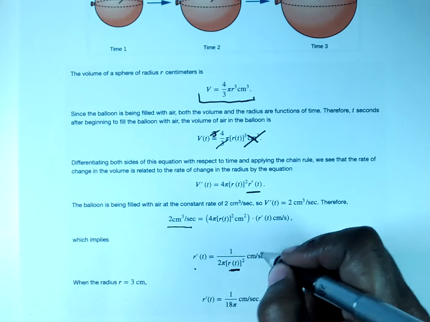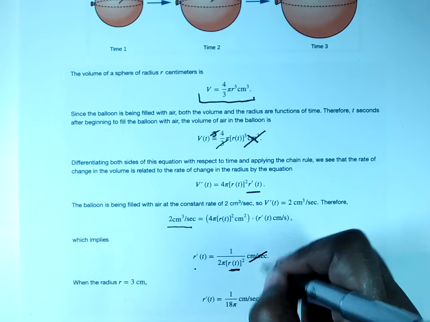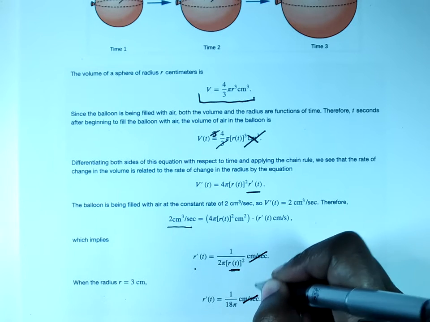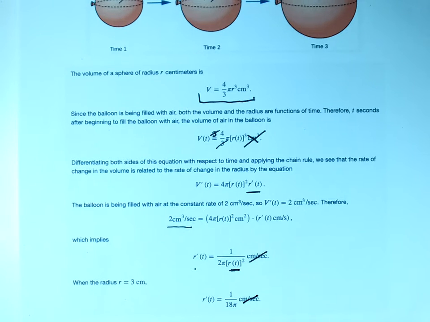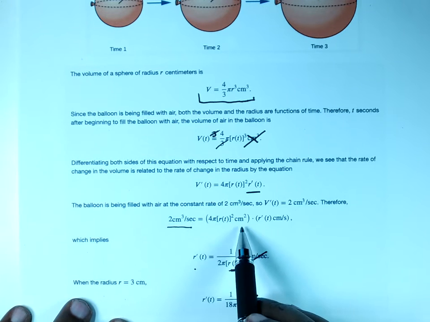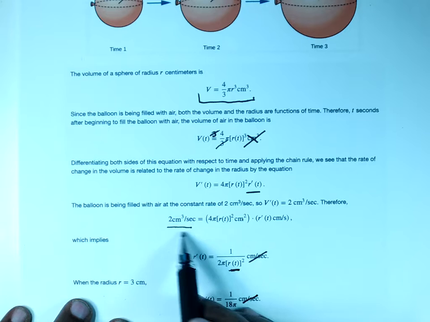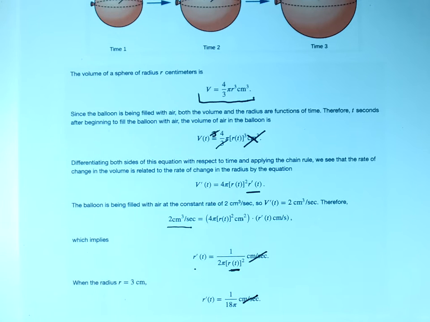But a lot of times I wait and put the units in at the very end because you do have a lot of variables going on in there, just so you don't get confused. But you can see again when you divide it out, that centimeter squared knocks out one of those centimeters, and it's a way of justifying what your actual units are. So when the radius is 3 centimeters, it's changing at a rate of 1/18 pi centimeters per second.